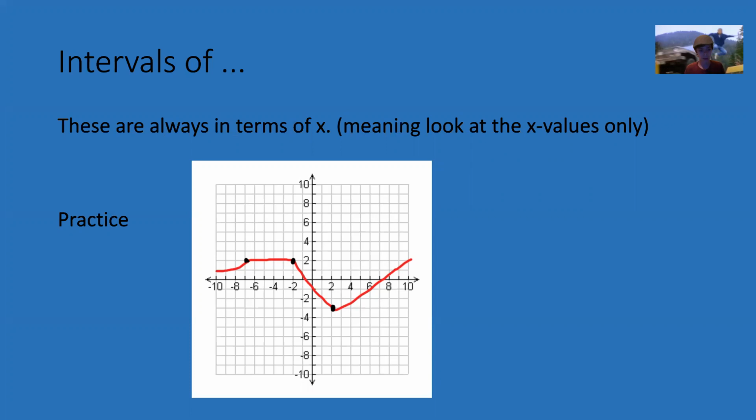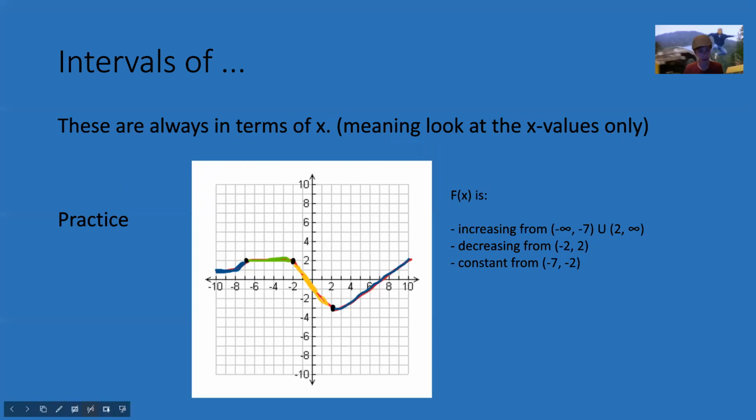So for this graph, what are the intervals of increase, decrease, and constant? If it was f of x, it is increasing from negative infinity to negative 7, which is that first blue piece.